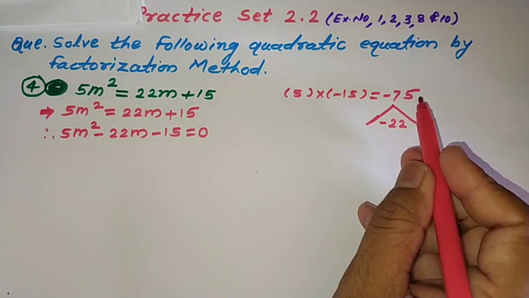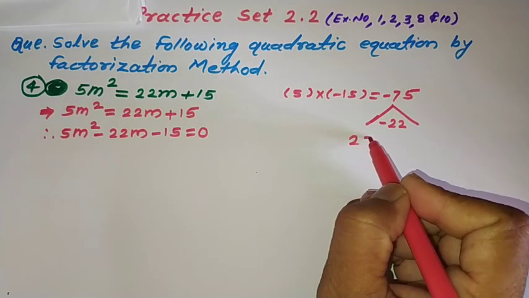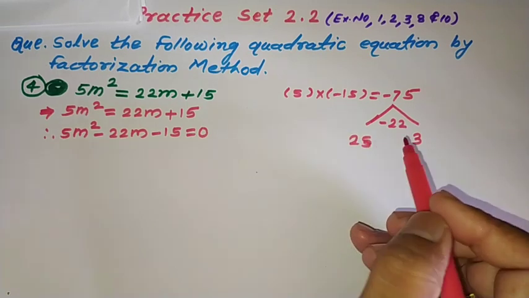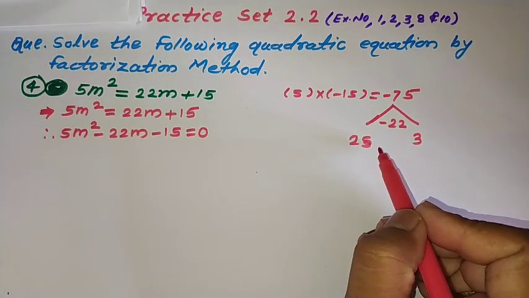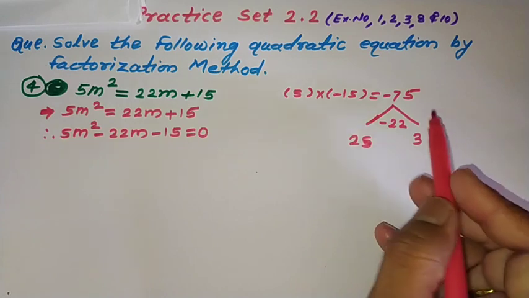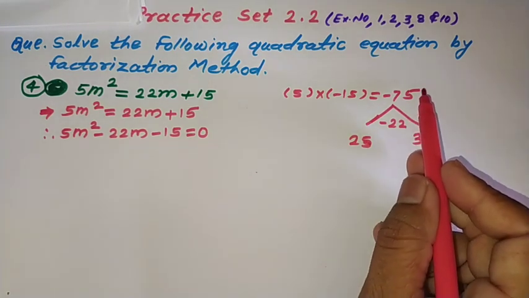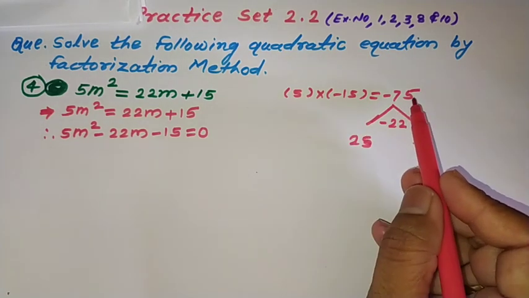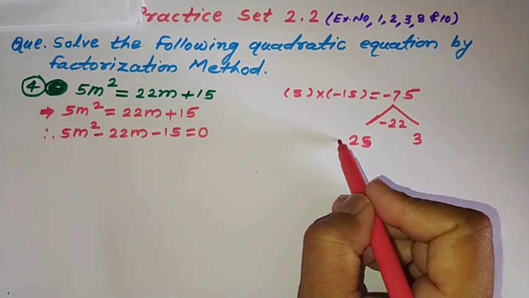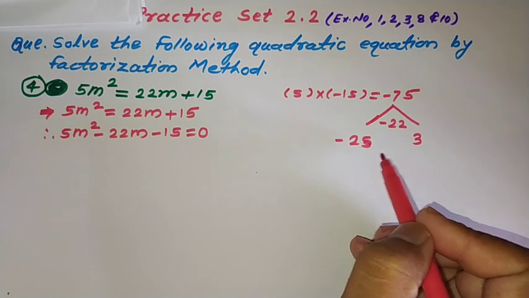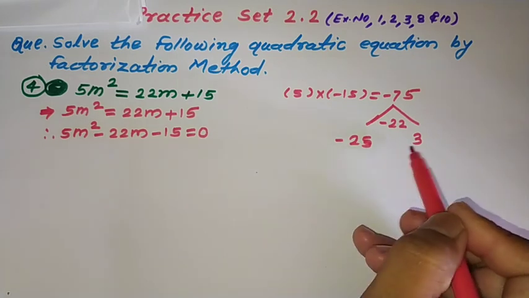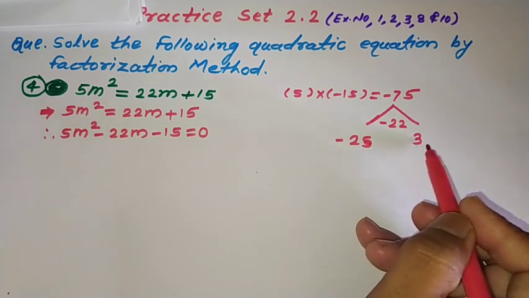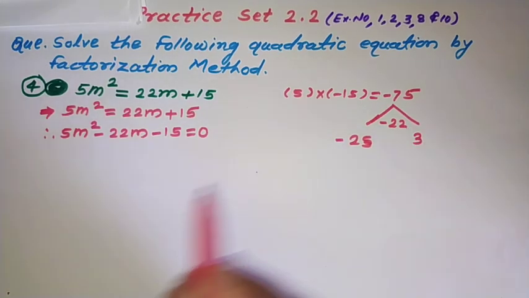The factors of 75 are 25 and 3. 25 into 3 is 75. Here the multiplication of the two numbers is minus, so one factor has the minus sign. Minus 25 into 3 is equal to minus 75, and minus 25 plus 3 is equal to minus 22.